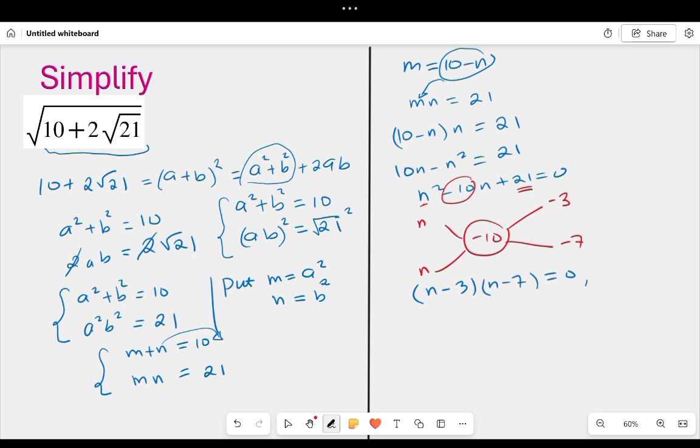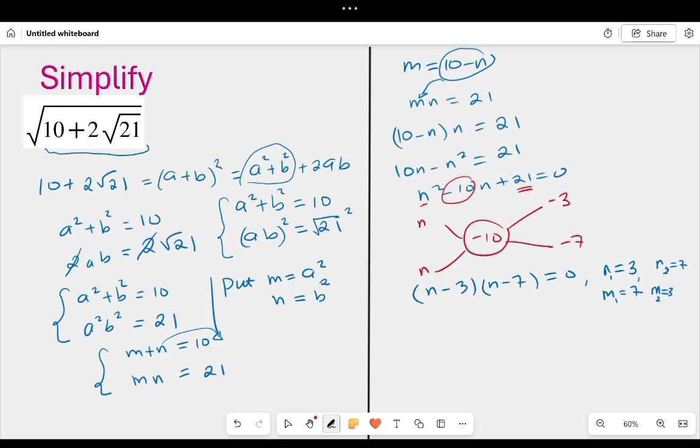So the first solution is n is equal to 3, and the next solution is n is equal to 7. When n is 3, m is 7. And when n is 7, m is equal to 3. So they keep on swapping.